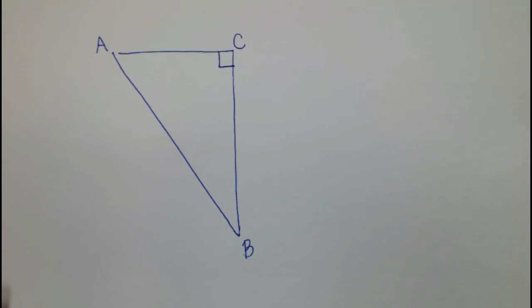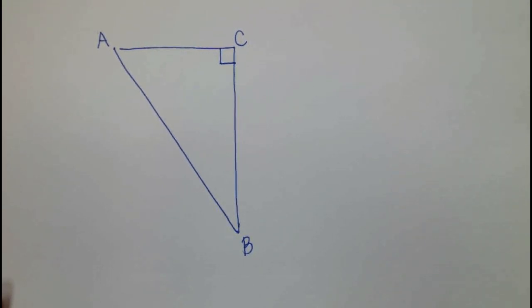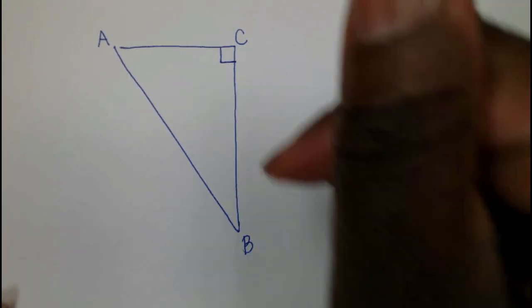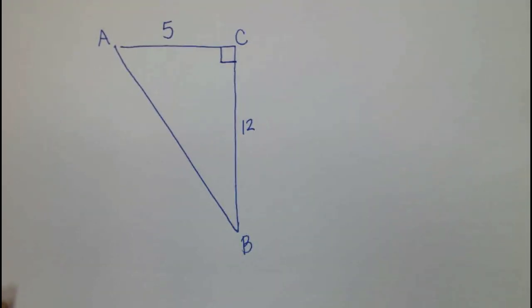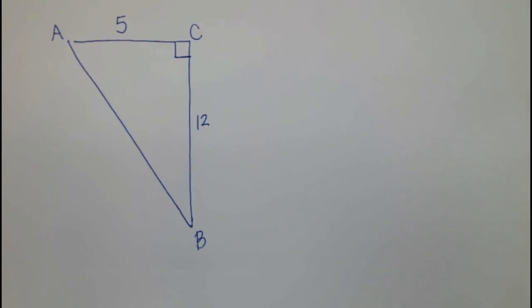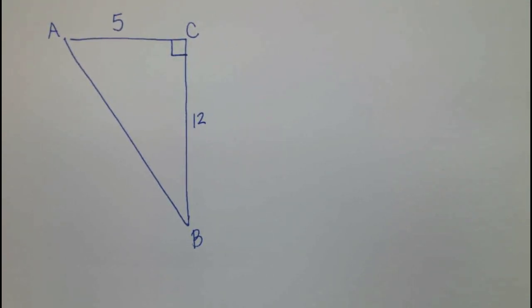I'll label this. Make this a 12. We'll make this a 5. And we want to find the missing side.